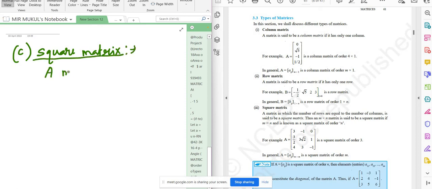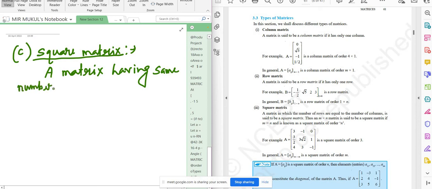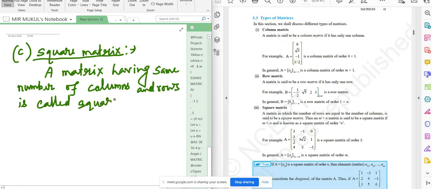A matrix having the same number of columns and rows is called a square matrix.